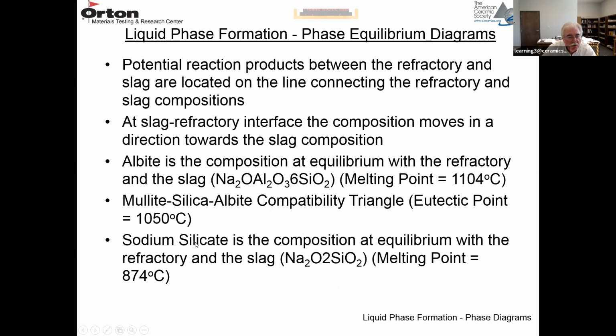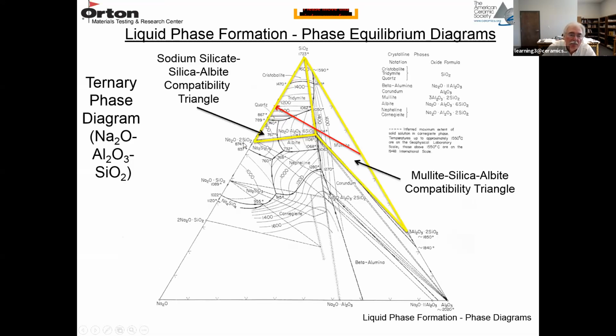So if you continue moving along that line, sodium silicate is the composition at equilibrium with the refractory and the slag. So this is the next composition, Na2O, 2SiO2, and that melting point is much lower, 874 degrees C. So now you cross into this compatibility triangle of albite, SiO2, silica, and the sodium silicate, Na2O, 2SiO2.